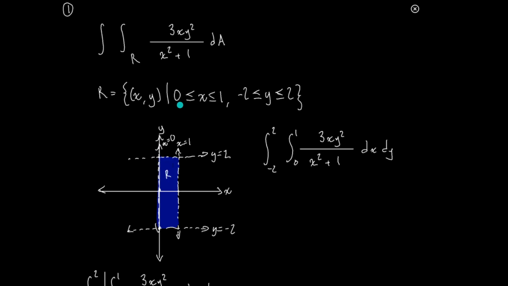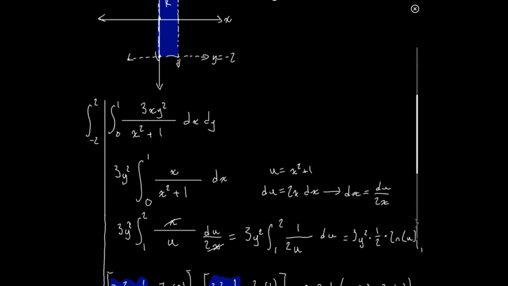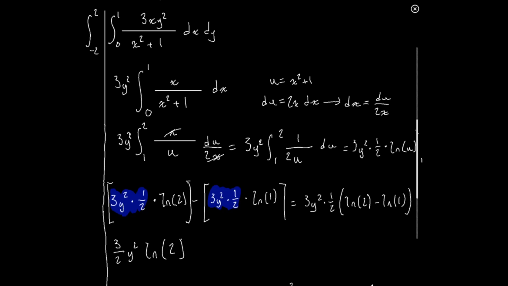We were given the bounds of the region, so we went ahead and graphed it just to get an idea of what it looked like. Then we used our bounds to set up our double integral. Once we had our double integral, we pulled out our constants for the first integration, which included y, because y is a constant when integrating with respect to x.